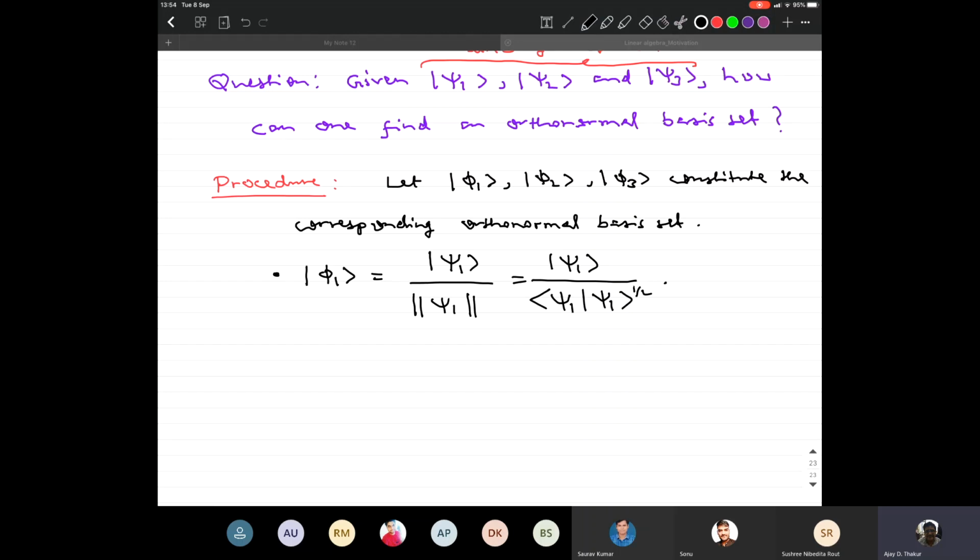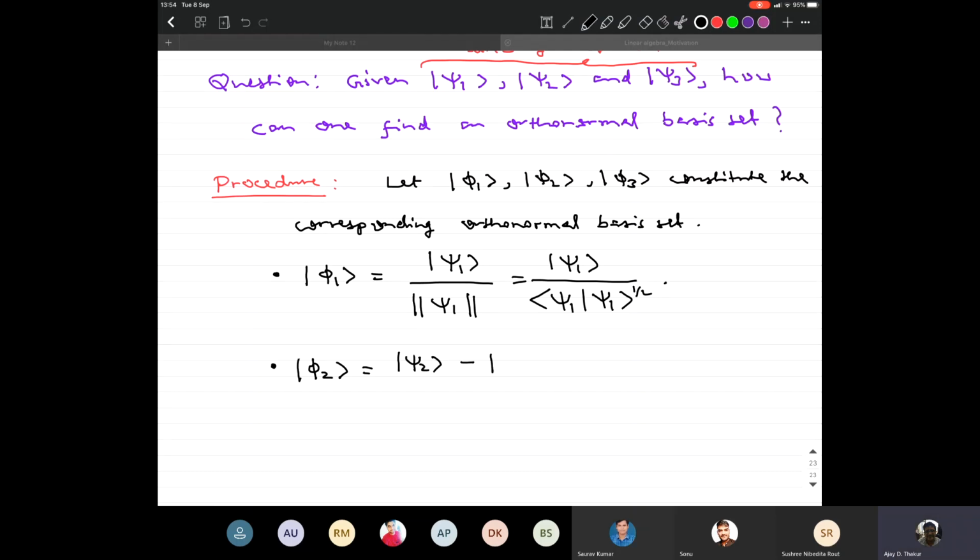Now, in order to find the second member, phi2, what you need to do is take psi2, but subtract the projection.